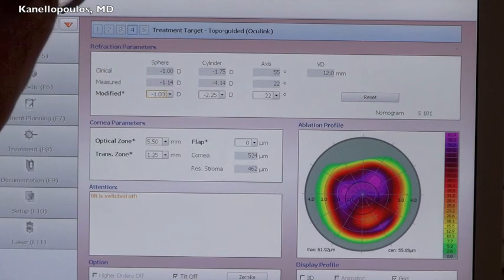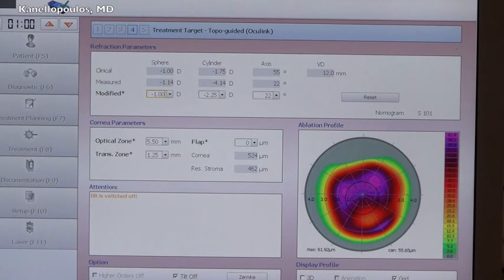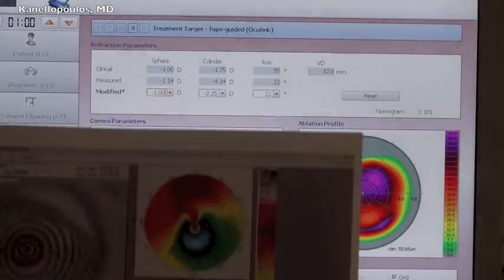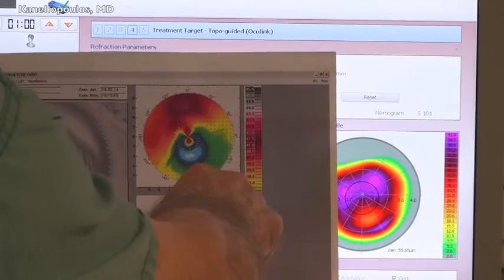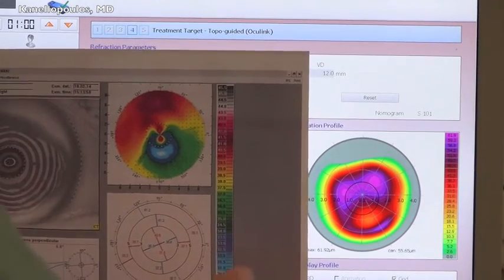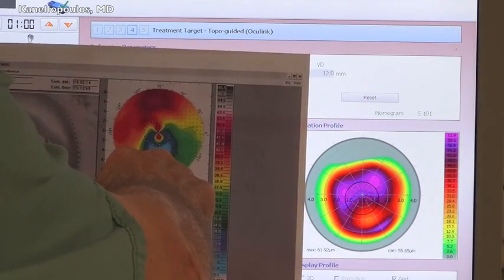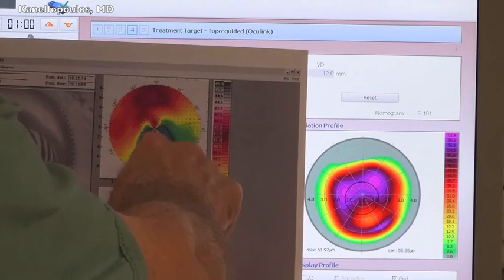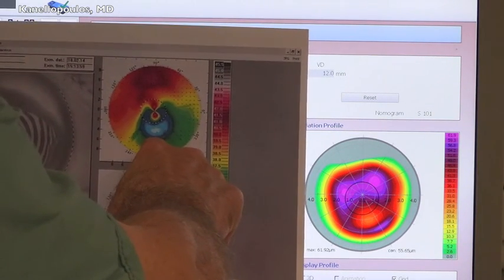And in any case, this is where Dr. Kanellopoulos' experience comes in, because if you look at this cornea, it's multifocal everywhere. So we're trying to create astigmatism correction, which is very different up here than down here.